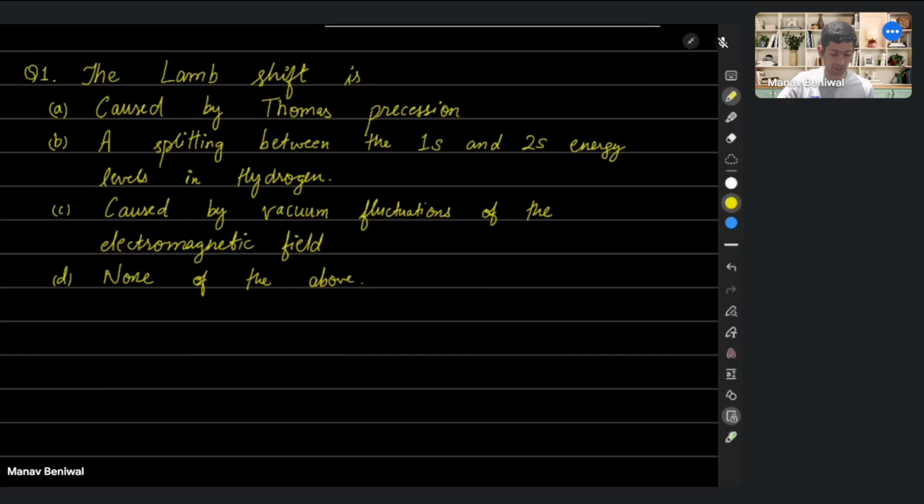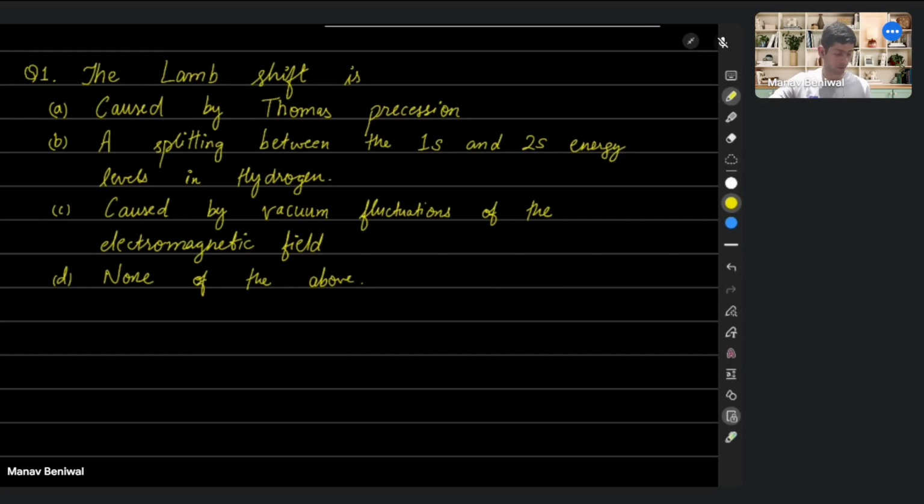and the question asks several things about Lamb shift, like what actually Lamb shift is and what causes it. So if you look at the first option, it says the Lamb shift is caused by Thomas precession.